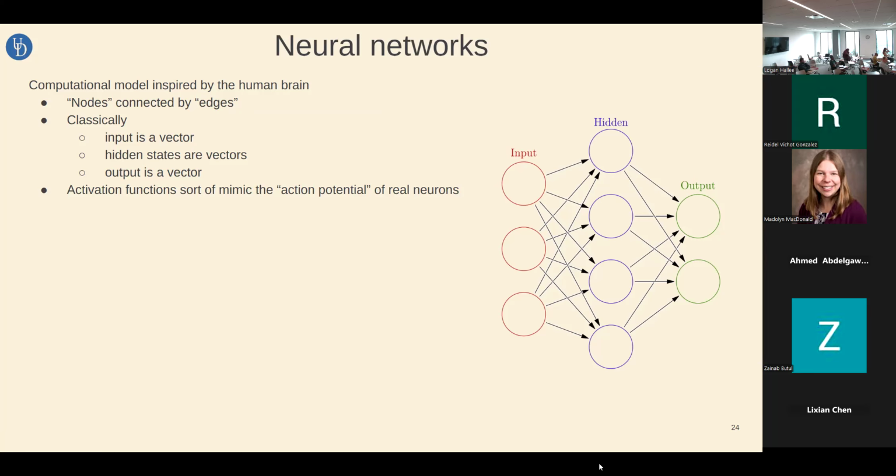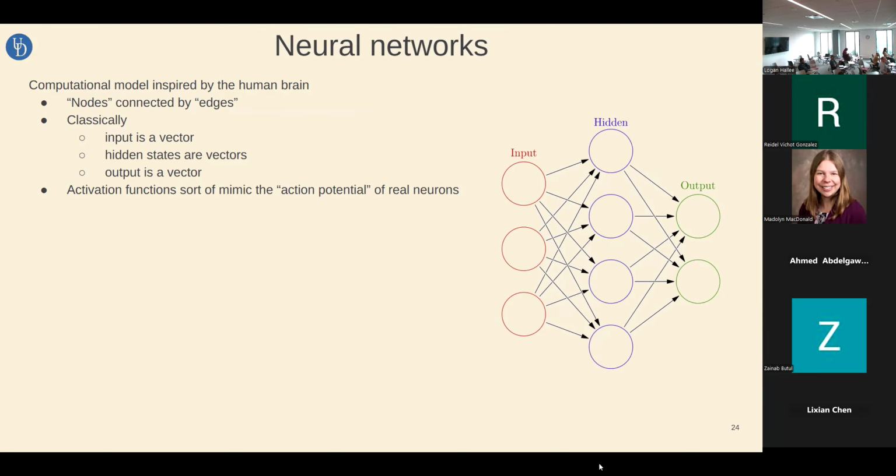It's not something I'm an expert in. Instead of an action potential, we can sort of just numerically model thresholds. So if the sum of the inputs into some node exceeds some value, just like the sodium potassium pump is going to do an action potential, we can sort of fire it and move the signal forward.